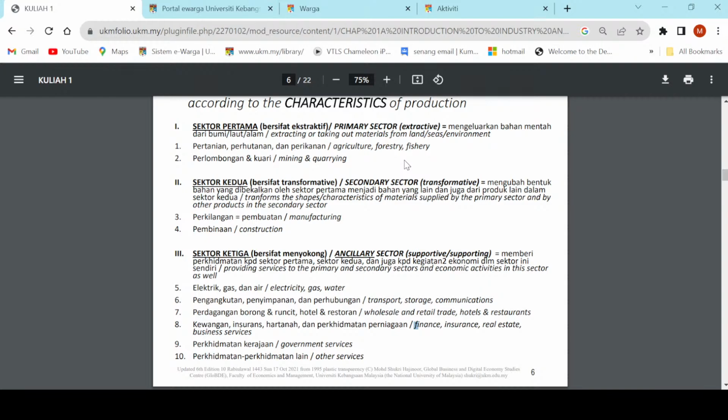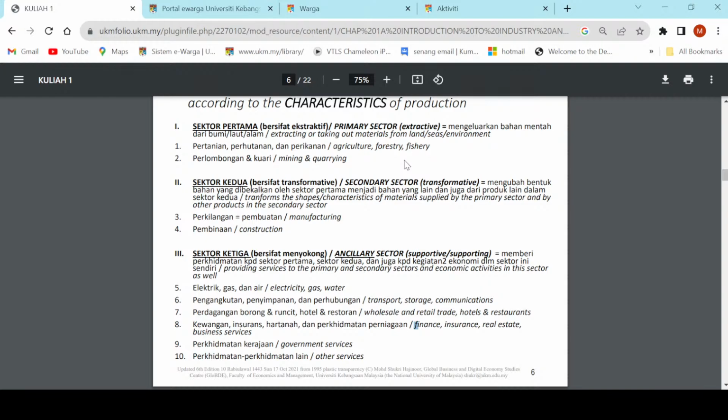So, for example, okay, secondary, and now there was giving services to the primary, finish. Giving services to secondary, yes, manufacturing. Construction is also the same. If I want to do construction, we have to get real estate, finance from the bank, and also insurance, and we have to get government services as well and other services, transport also.